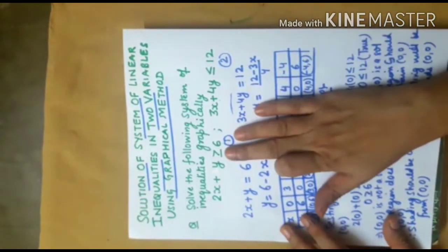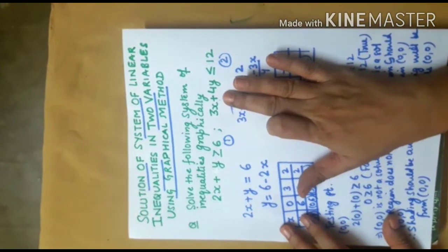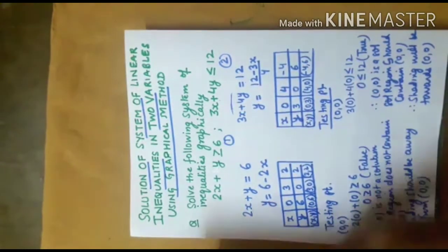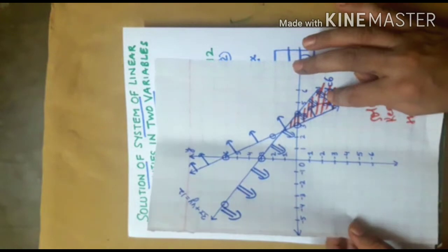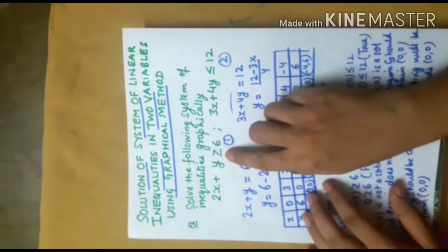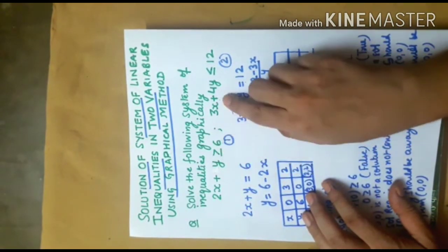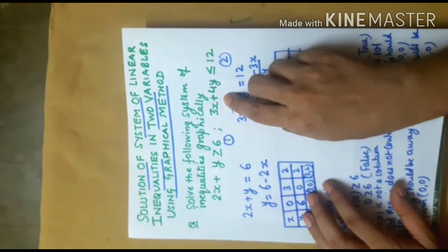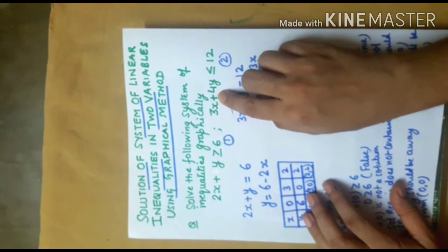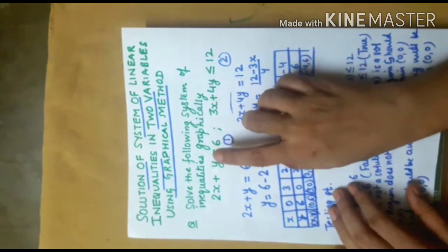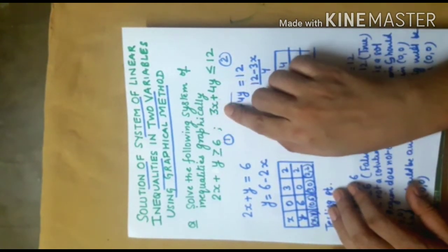So here we have solved this system of inequalities using the graphical method, and this was the solution region of the system, right? Now in this question there were two inequalities in the system. So when we have to solve this system of inequalities, I had to find their common solution.